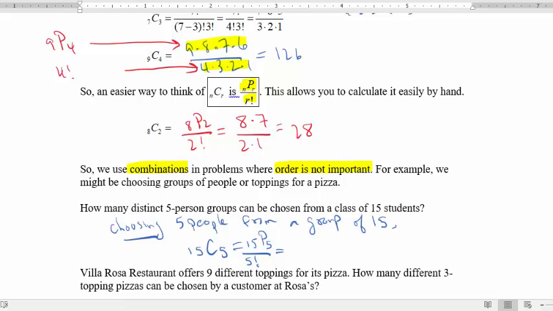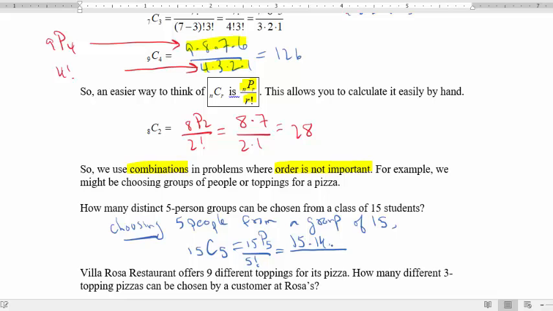You have to divide out all the ones that are duplicates. And I think we had talked about that briefly in our online meeting when I was talking about the card hands, right? Because like if you have an ace and a king, it's the same as a king and an ace. The order didn't matter, so you had to divide by 2. So here you're actually dividing by 5 factorial because there's a lot more duplicate groups that you'd get.